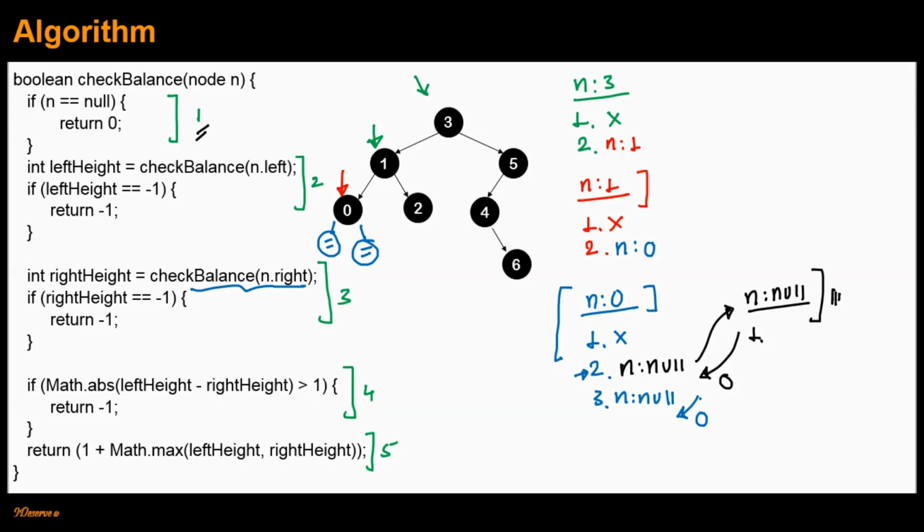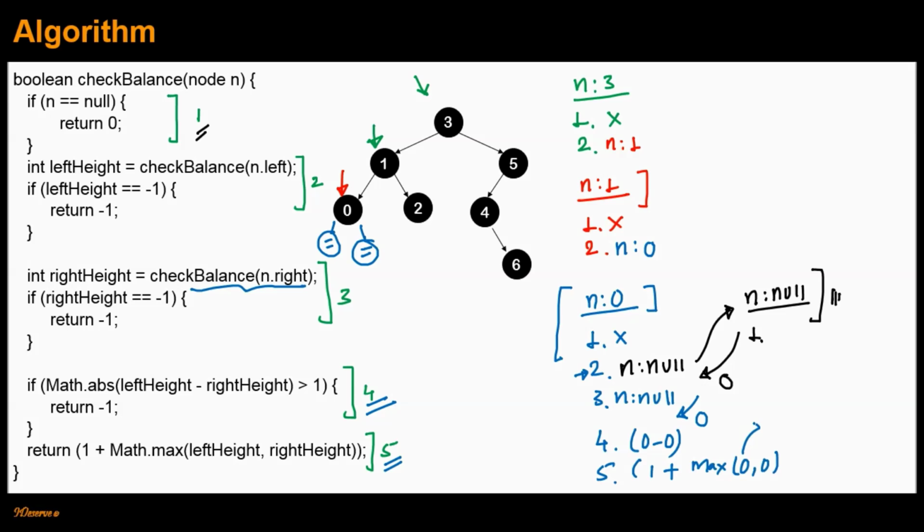So the right subtree is height balanced. Once step number 3 returns, in step number 4, we check the difference between height of left subtree and right subtree. The difference would be 0 in this case, which is not greater than 1. So the control drops to step number 5. In step number 5, we return 1 plus maximum of 0, 0.